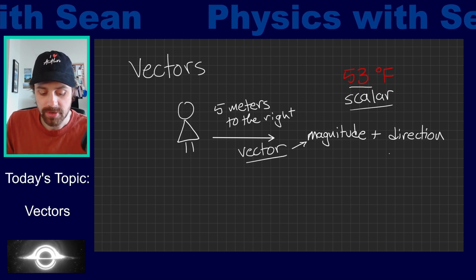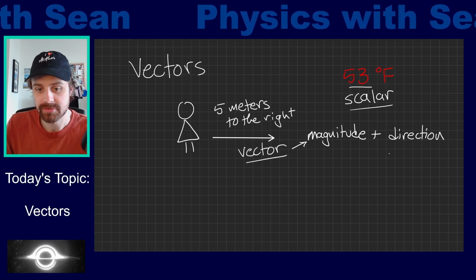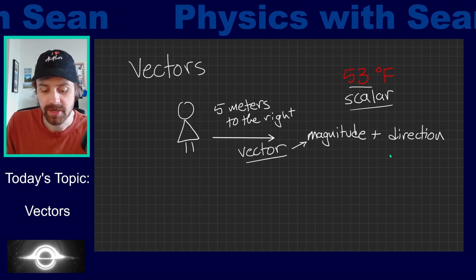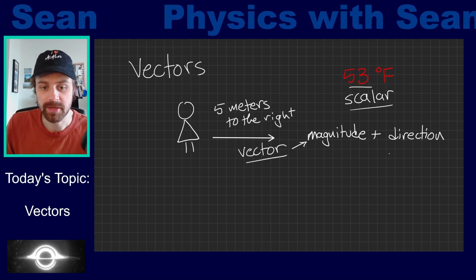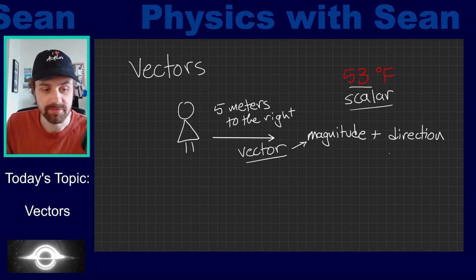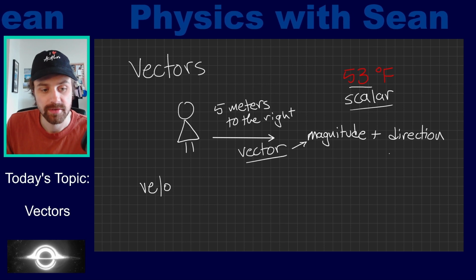And so there can be a couple examples of what vectors are. We just used distance here, traveling in some direction. But we can also say things like velocity. Velocity is also a vector.